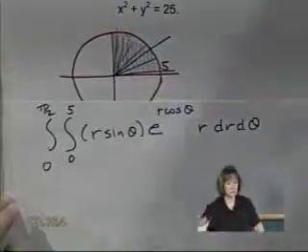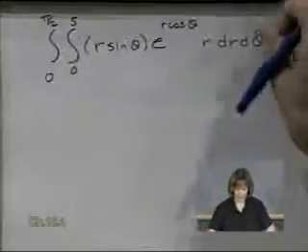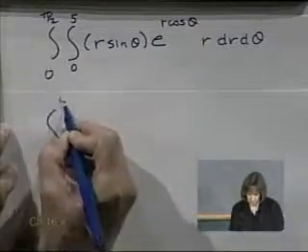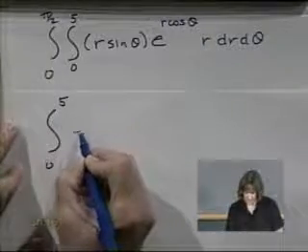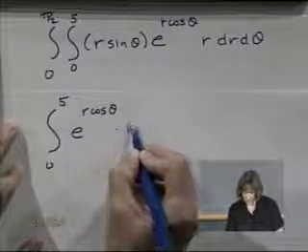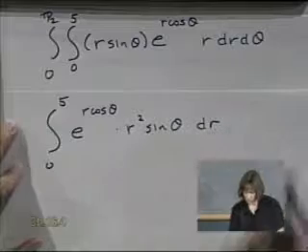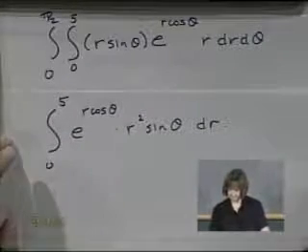Okay, so now we have to do the inner integral. This one's going to give us a little bit more of a run for our money. The inner integral is the integral from 0 to 5 of e to the r cosine theta times r squared sine theta dr. If I got that right.